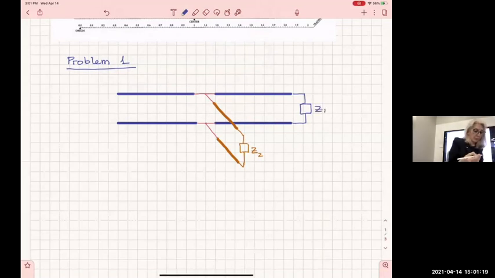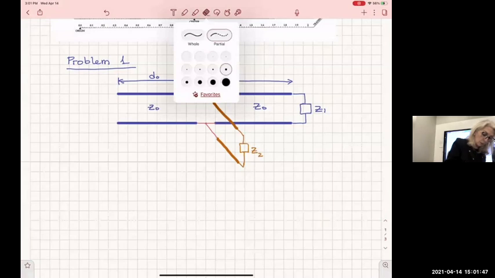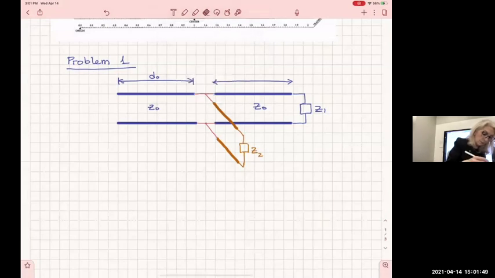And then you have the following that I'm giving you: these have characteristic impedance Z naught, that this length here is D naught, this length here is D naught.